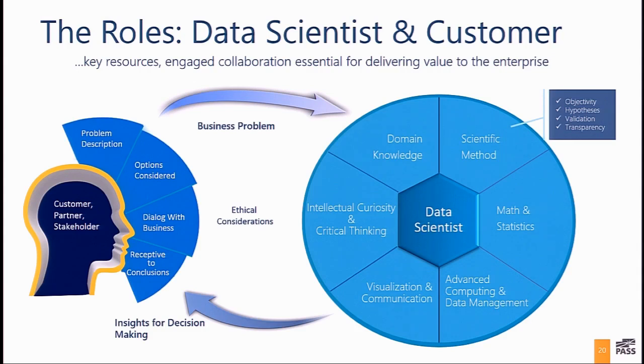And sometimes, like a doctor, the information that we get through our diagnosis of the situation may come out counter to what they expect to see in the data to support their assumptions or their gut instincts and decision making. And that's where we have what we call the ethical discussion considerations, but it's basically being open to having that conversation and hearing it. They can always work with other data scientists to see if the answers that we're giving them differ, find that second doctor, if you will, when you don't get the answer that you're looking for.